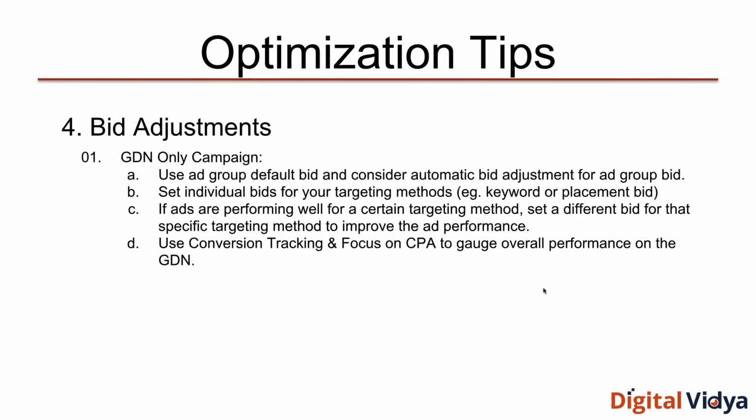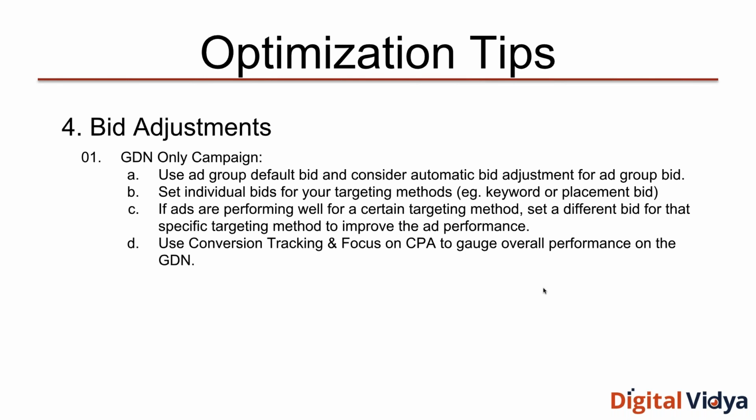Other thing, at the level of bid, you can use bid adjustment to fine tune your campaign and make it competitive. You can use conversion tracking and focus on cost per conversion to understand your overall performance, because as I told you, even if CTR is less on display network, it is understandable because people are not proactively looking out for your product or service.